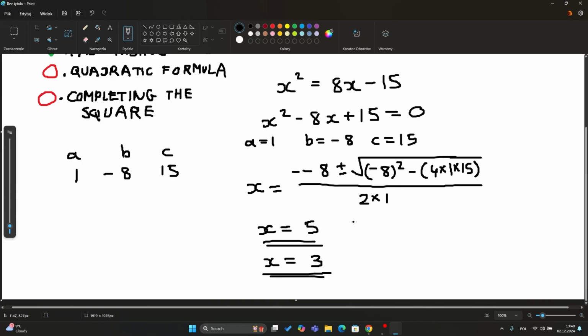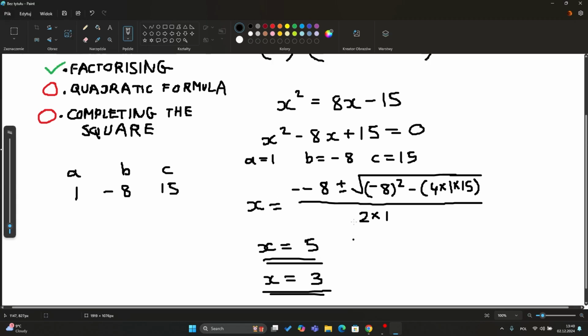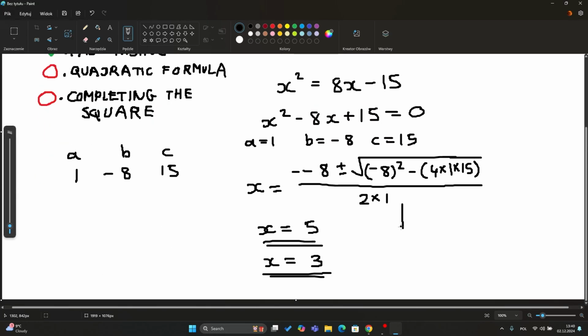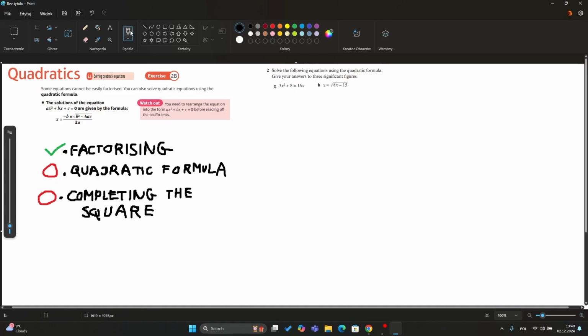And this is a quicker way of doing a quadratic equation. We could solve this manually, but this will take a longer time. That's how you solve the quadratic equation using the quadratic formula, and you should be able to do exercise 2b.